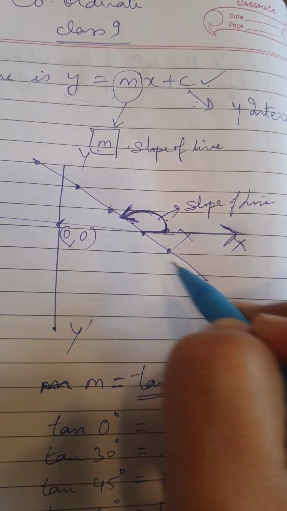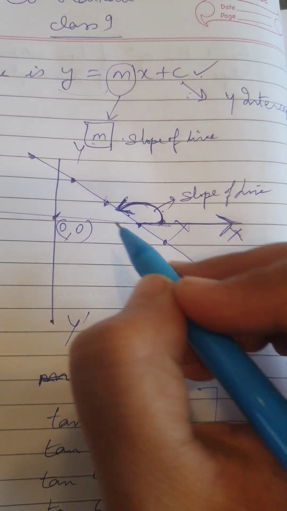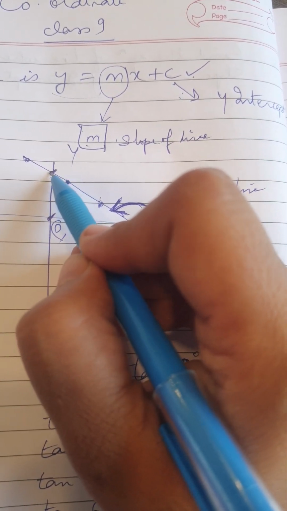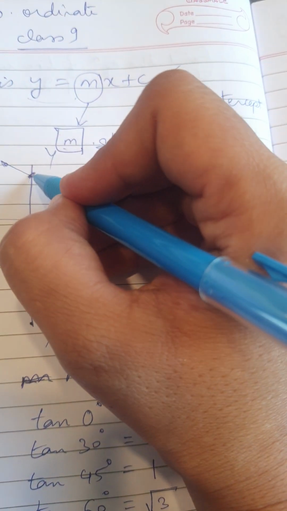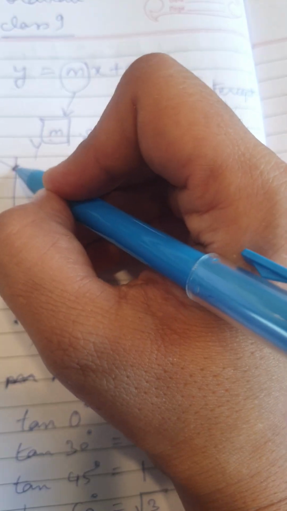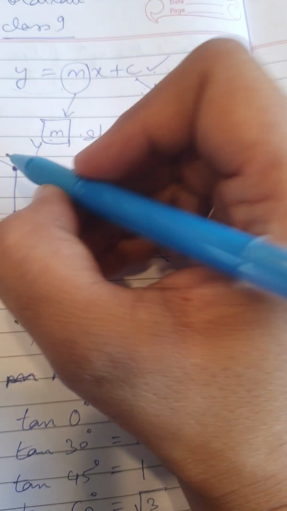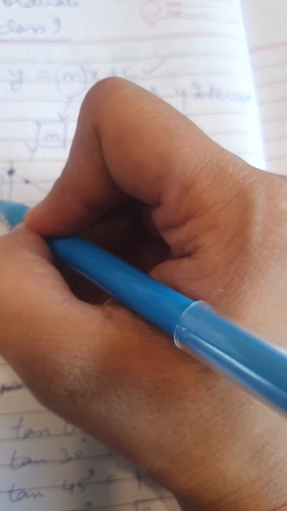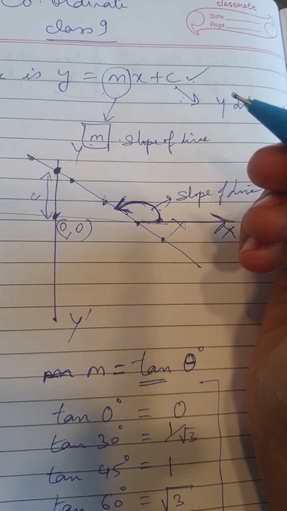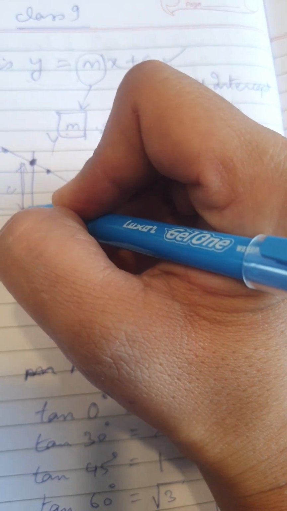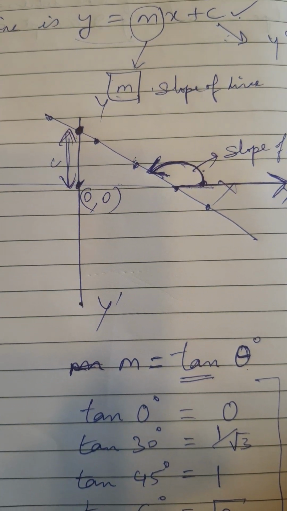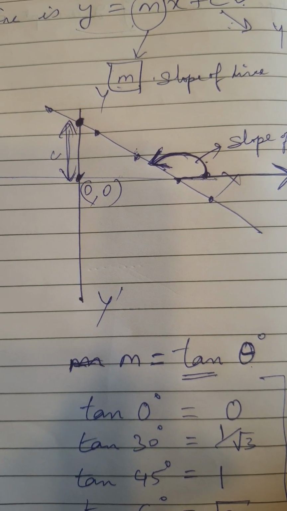When we plot a line and this line cuts the y-axis at this point, the distance from the origin to the point of intersection of this line on the y-axis is known as the y-intercept. Understood? The distance from the origin till the point of intersection of the line and y-axis is known as the intercept.